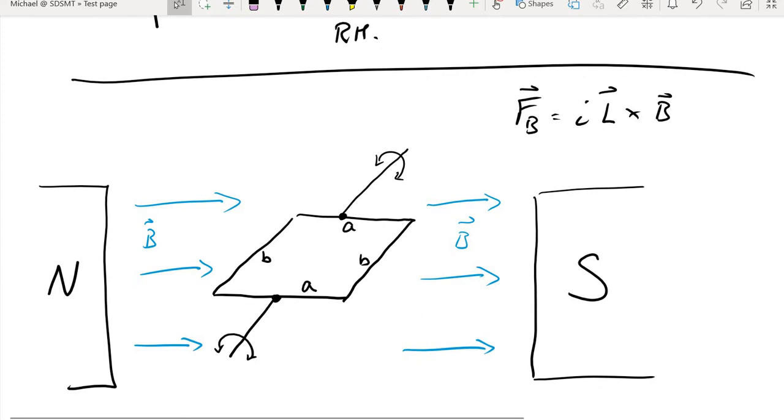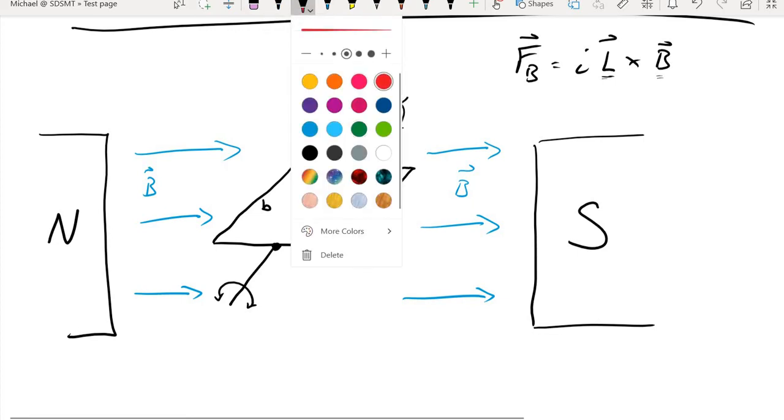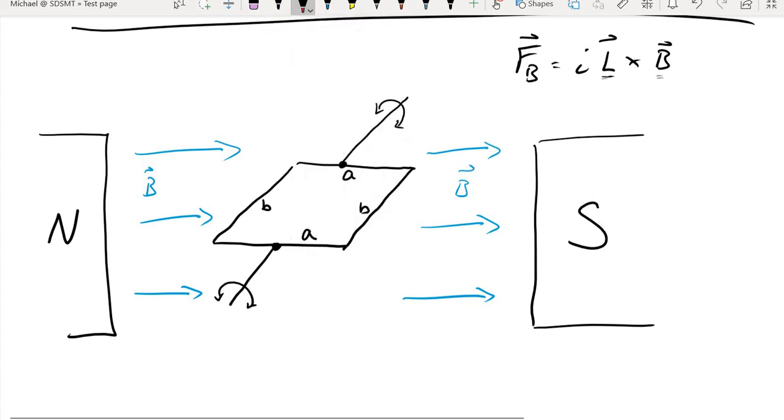Well, the magnetic field part has been established, and the length of wire has also been established, believe it or not, because we have 4 different sides of this coil. 2 of the sides are of length A, 2 of the sides are of length B. So we know what the length of each segment of wire is. We just need to introduce some current.